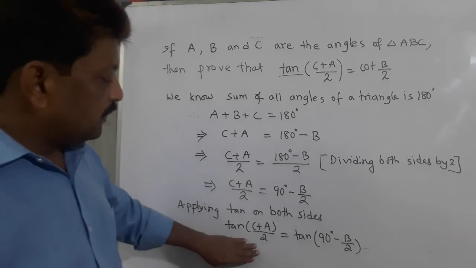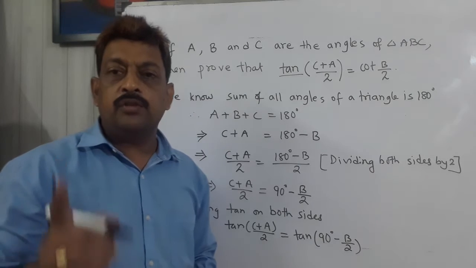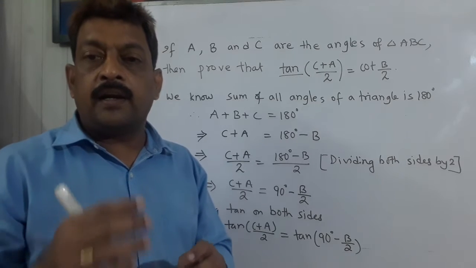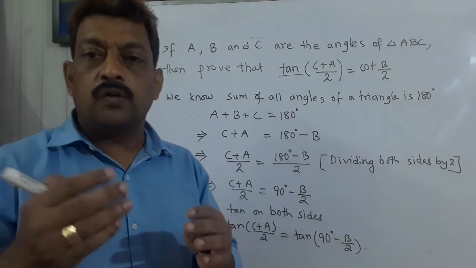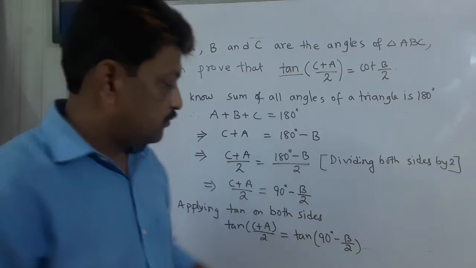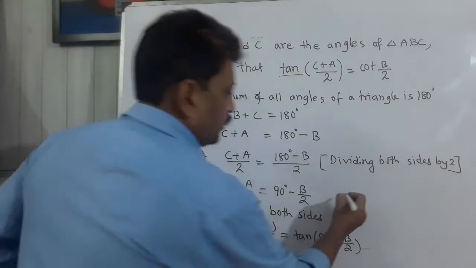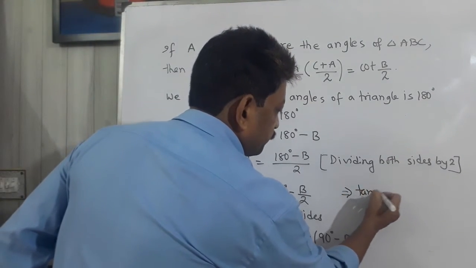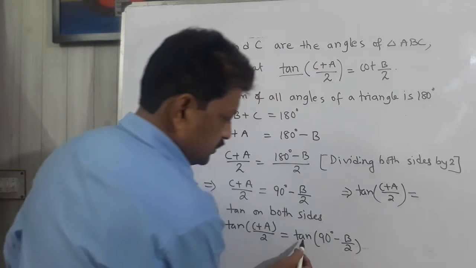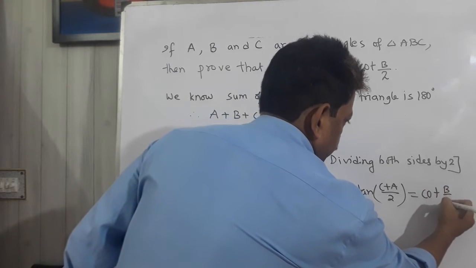Now the left hand side is already there. What is tan 90 minus theta? As we have learned from the formulas, tan 90 minus theta is equals to cot theta. So here tan (90 minus B upon 2) is equals to cot B upon 2. Therefore tan (C plus A upon 2) is equals to tan (90 minus B upon 2), which will become cot B upon 2.